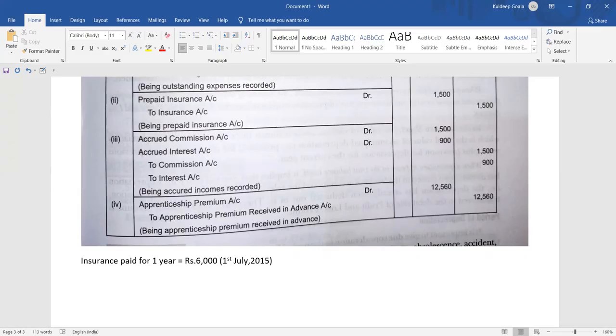And what is our financial year? It is ending on 31st of March 2016.